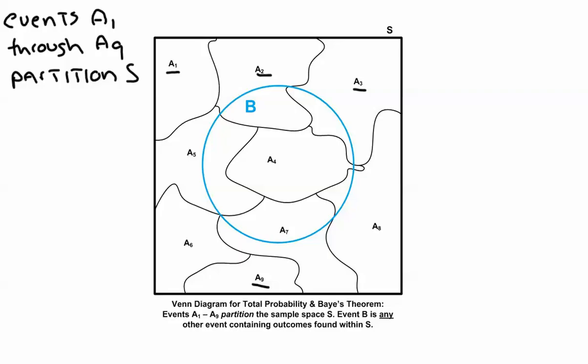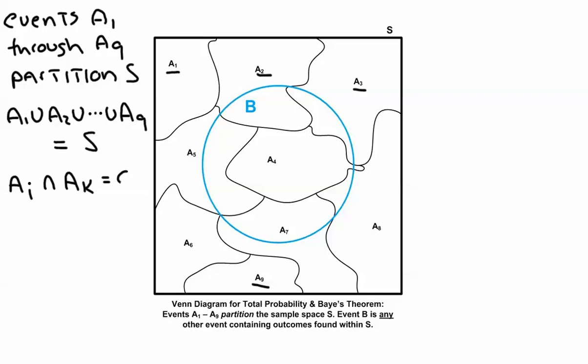S, meaning that A1 union A2 union all the way up to A9 all equals the sample space. They collectively exhaust the sample space S, and A_i intersect A_k equals the empty set where i is not equal to k.